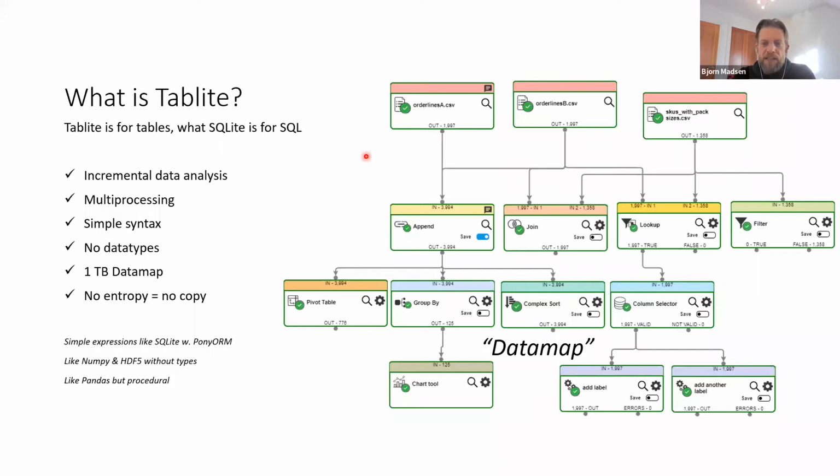A very important design goal in this list is the 1 terabyte data map, which we're pursuing: that you can actually work in a tolerable way with over 1 terabyte of data on your local machine if you just have a solid state disk. And then finally, you don't waste CPU cycles on copying data when there is no entropy coming from that copy. If you change data, if you're doing something else with it, fine. But otherwise, no entropy should mean no copying.